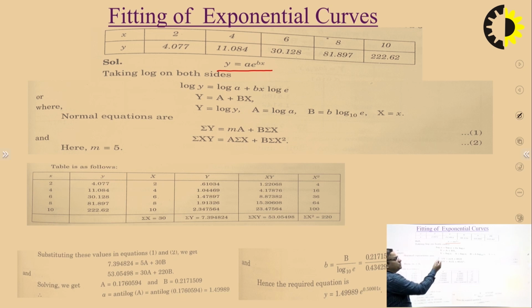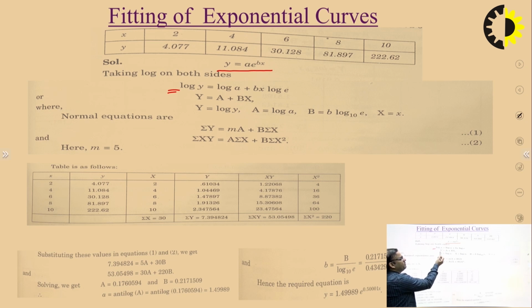Here y is equal to a e raised to power bx is the given curve which we have to fit. So take log on both sides. We can take log on base 10 or base e also. Here we are considering log on base e. If you are taking log on both sides, then you can see this will be the next line, and then consider these as new variables in capital form.